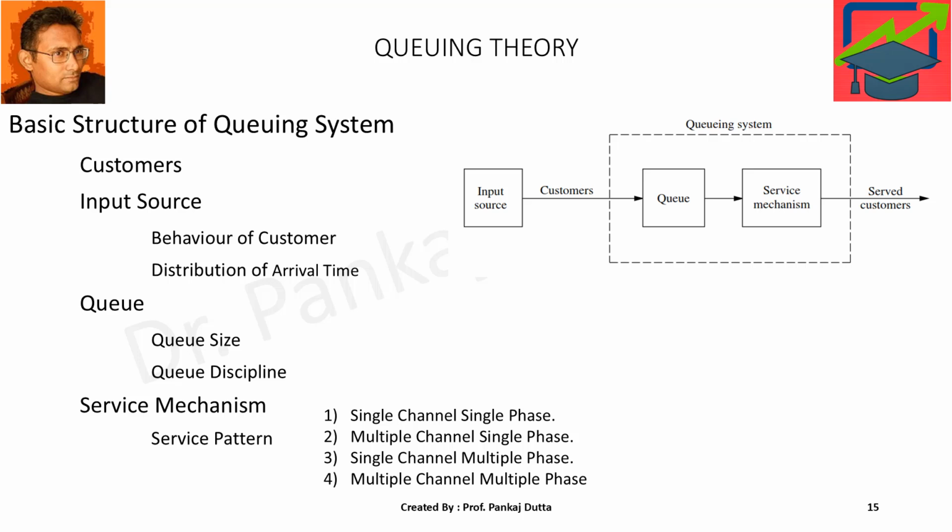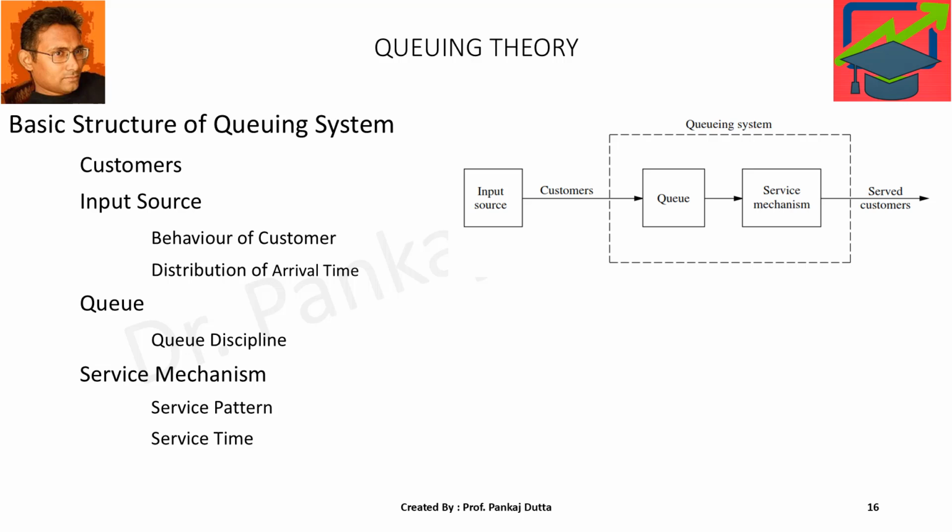For example, the semester registration process in a college. Students need to go through a number of steps like filling the form, getting it signed by different departments like accounts and library, and then depositing it in the register office. The last one is multiple channel, multiple phase. The service mechanism in a big hospital, where there exist multiple counters for registration and fee payments, can be considered as an example of this.